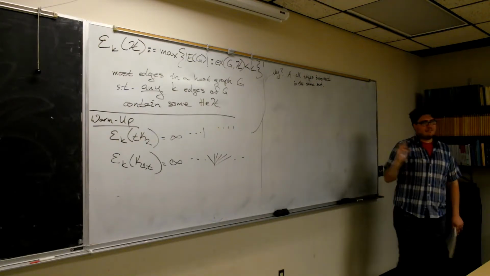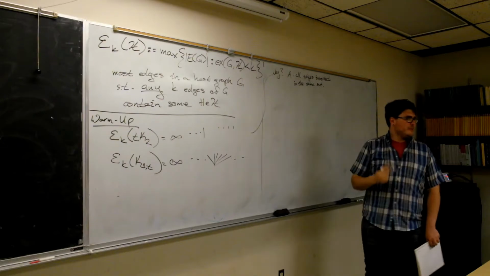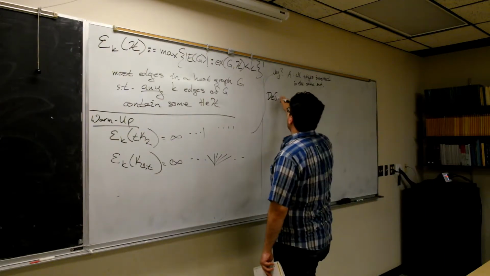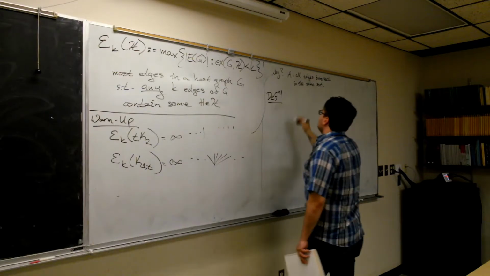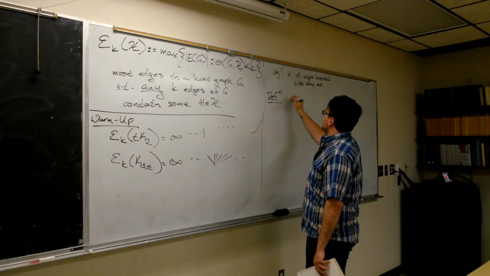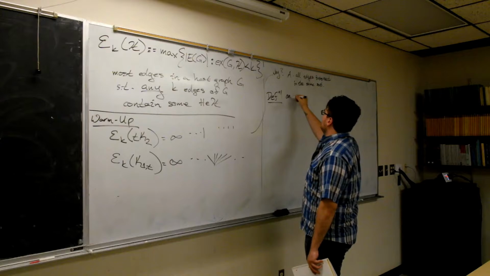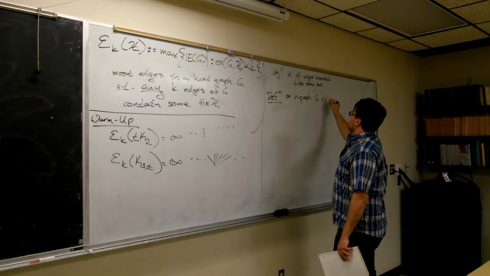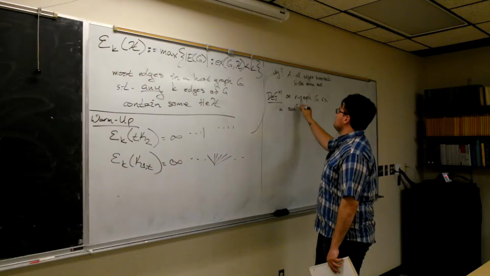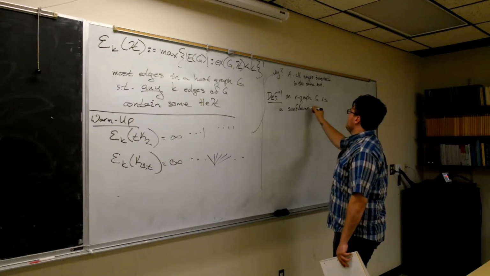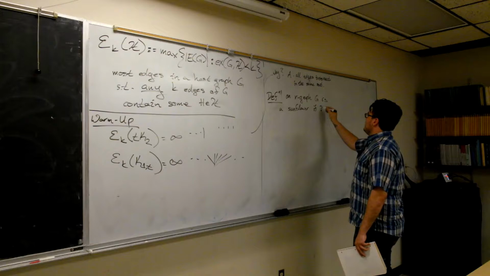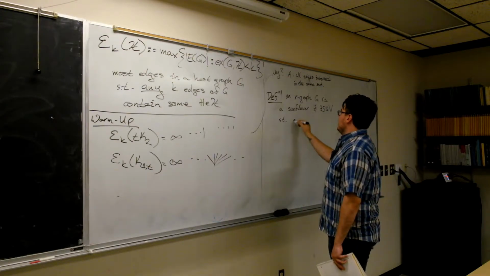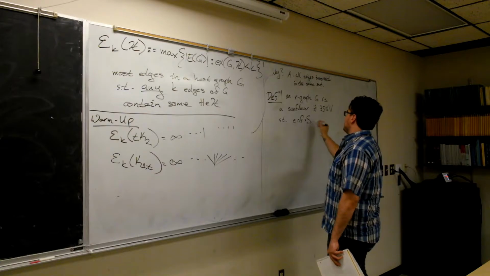Well, in hypergraph land, we have a name for this. We call them sunflowers. So a little definition here. An r-uniform graph G is a sunflower if there is some subset of the vertices such that all edges intersect in exactly that set.